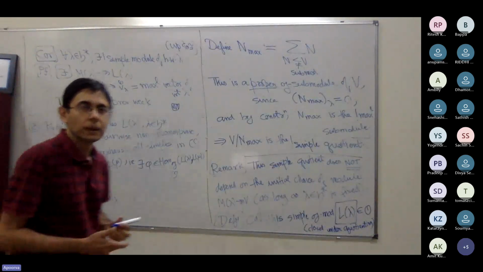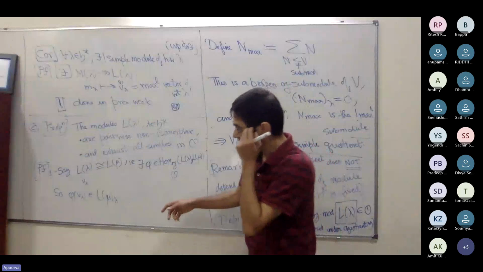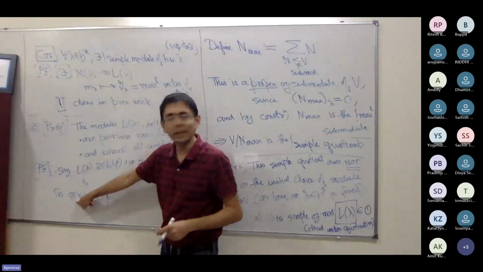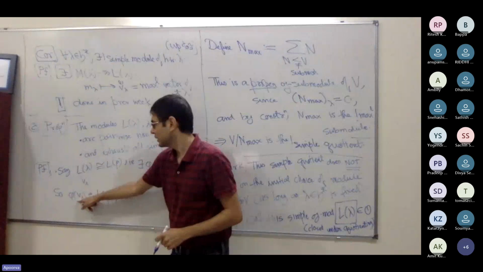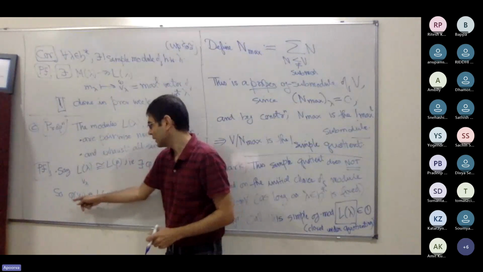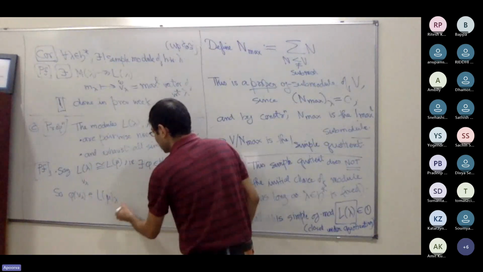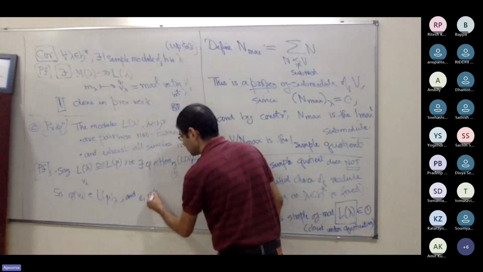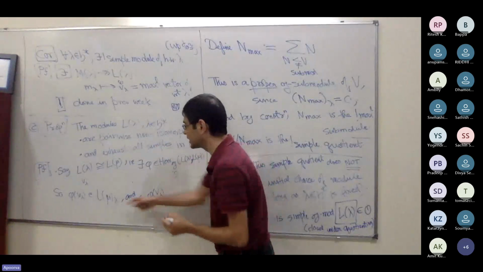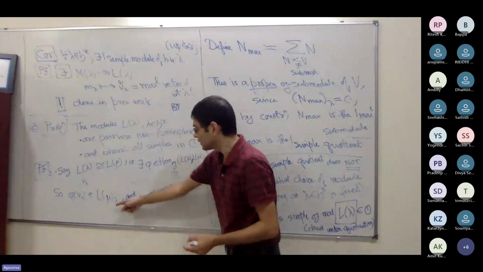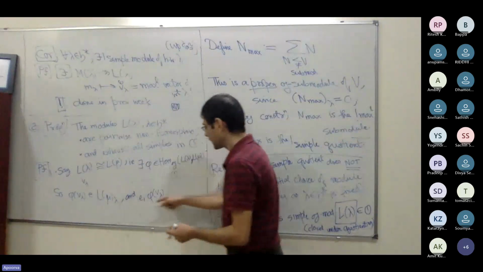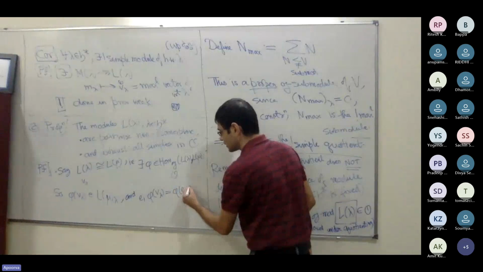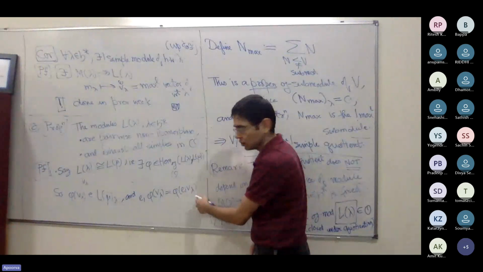So phi of v lambda is in L mu lambda. But also, if you apply any raising operator, any e_i here, then e_i times phi of v lambda is phi of e_i v lambda, because it's a module map. e_i v lambda was 0.